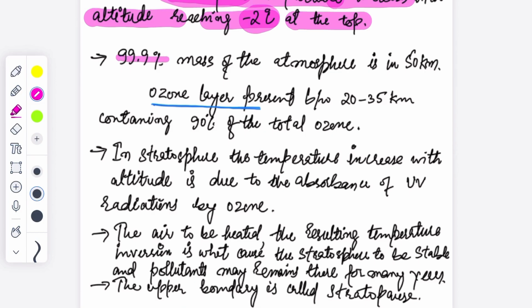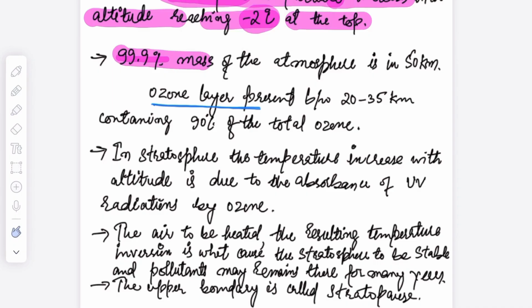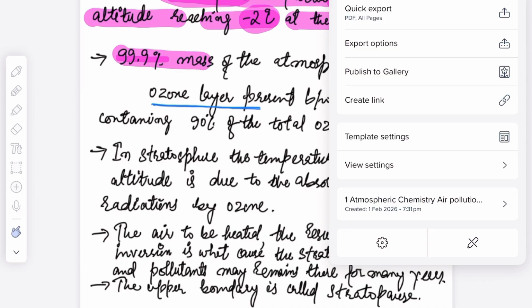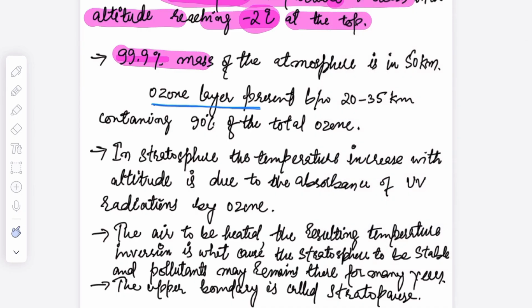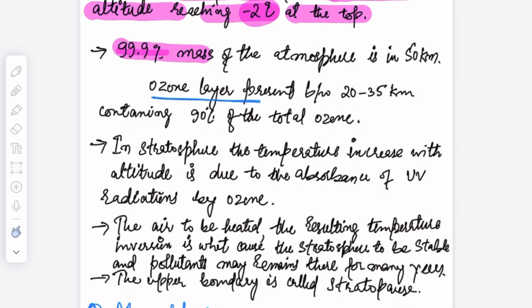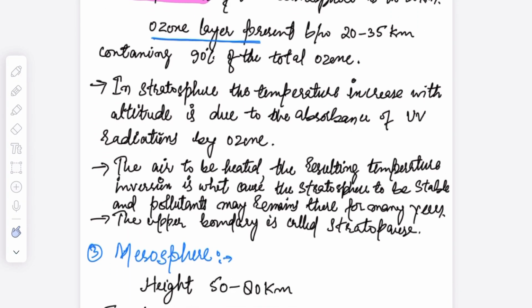So 99% of the mass of the atmosphere is within 50 kilometers, and the ozone layer is present between 20 to 35 kilometers, containing 99% of the total ozone.